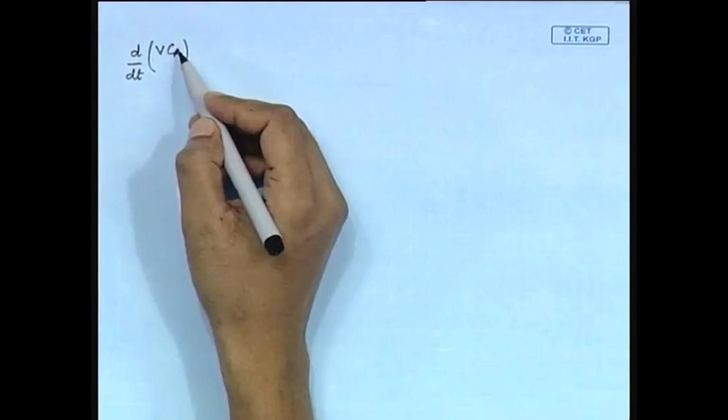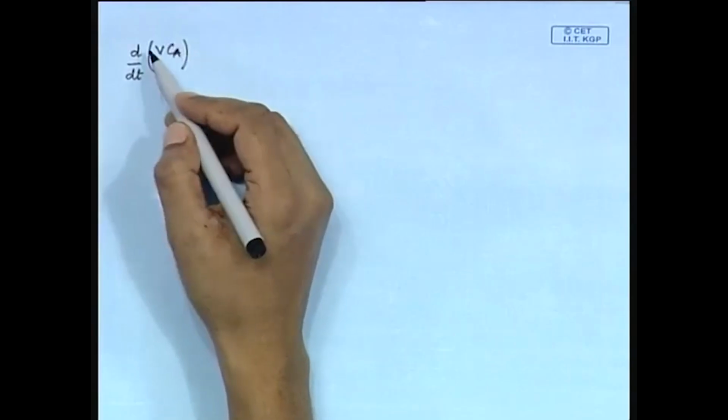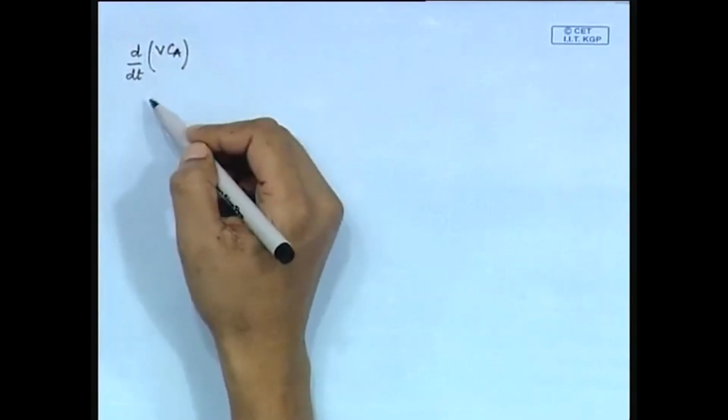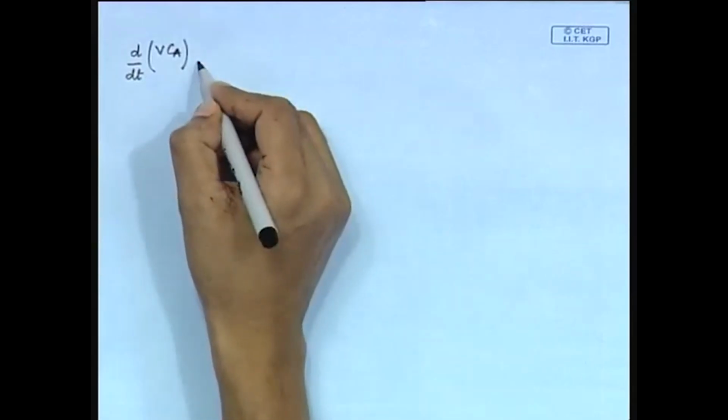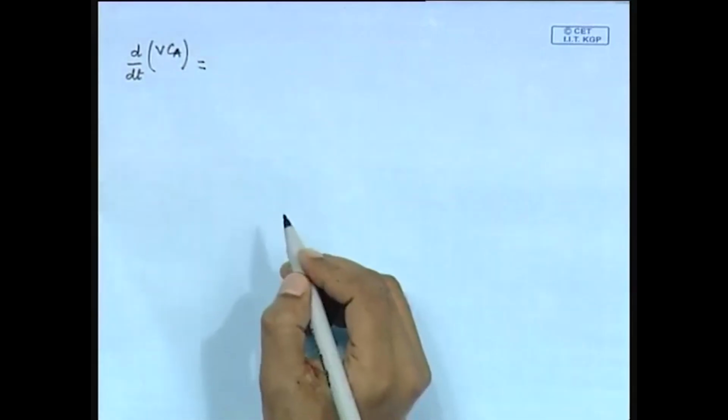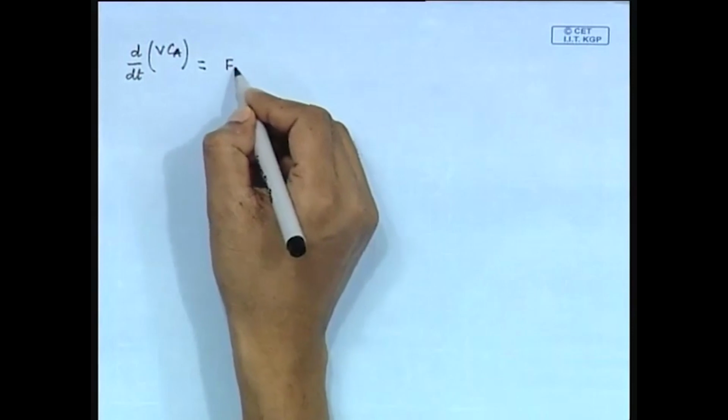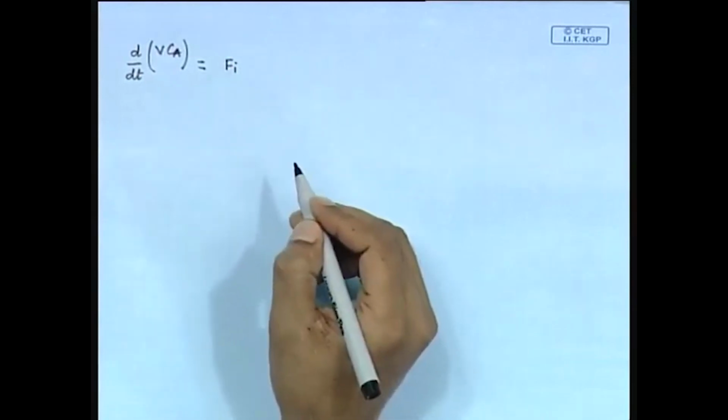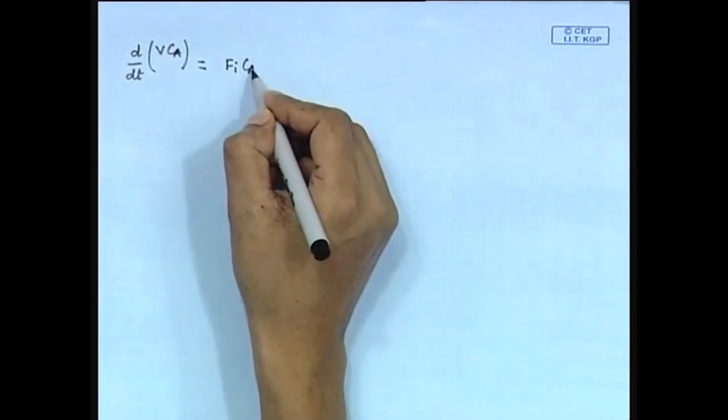Clear? This is mole per unit time, mole per unit volume Ca, and V is volume. So, mole per unit time overall. So, what is the input? Fi is the flow rate of input stream and concentration is Cai. So, Fi multiplied by Cai, that is the rate of input of component A.